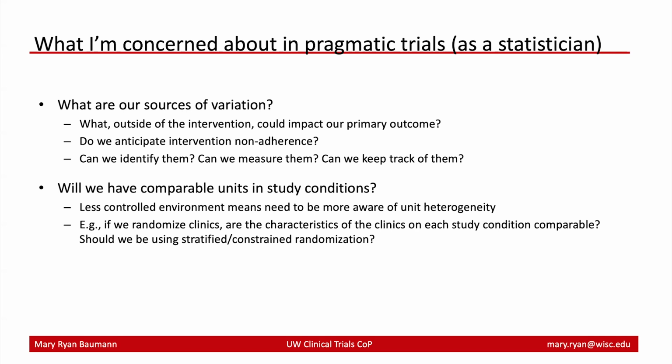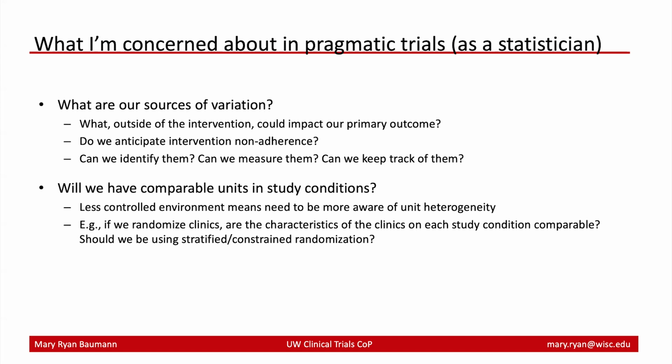And basically, trying to identify all of these sources of things that could be influencing what's going on in the trial. Questions about whether we can actually measure those things or not, whether we can feasibly measure them given the kind of systems that we have, and can we reliably keep track of them. So what those sources of variation are going to be is going to highly depend on what type of intervention and trial and setting that you're in.